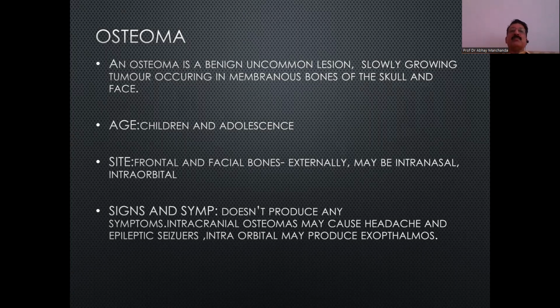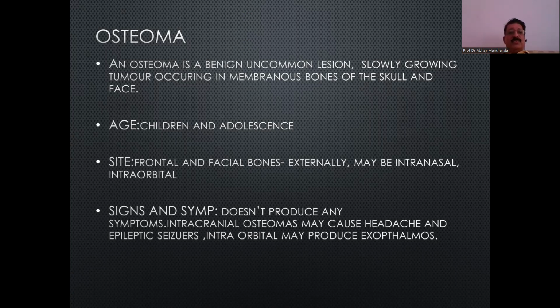An osteoma is a benign, uncommon, slowly growing tumor occurring in the membranous bones of the skull and face. Usually seen in children and adolescents, and the site is usually frontal and facial bones.